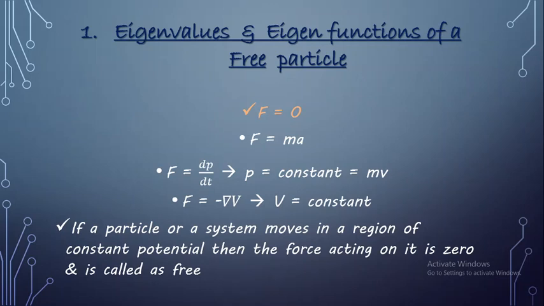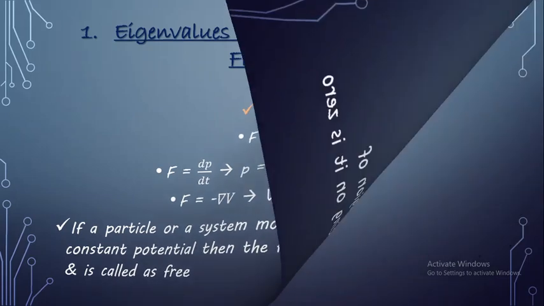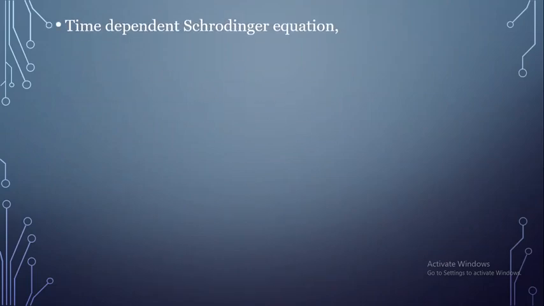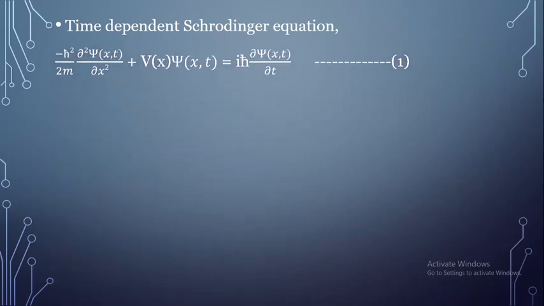Next, first let us find out the eigenfunctions of a free particle. For that we need to consider the time dependent Schrodinger equation. In general we just write it as H psi equals E psi, where H is the Hamiltonian operator, psi is the wave function or eigenfunction, and E is the energy eigenvalue.